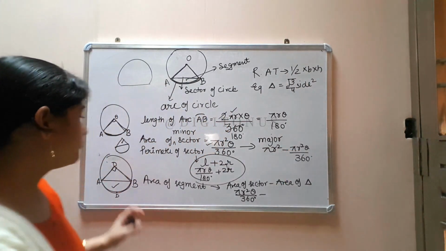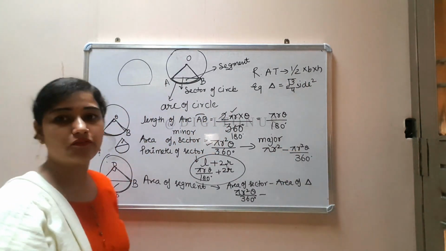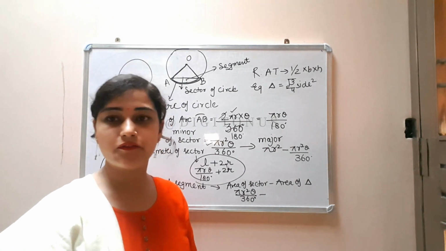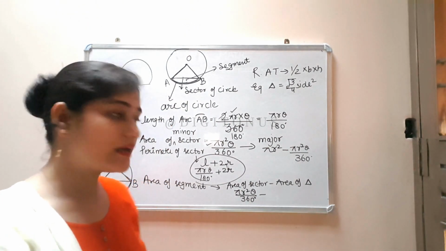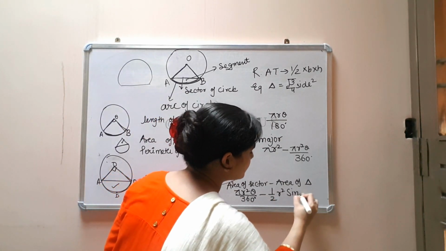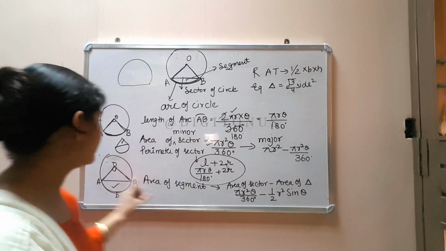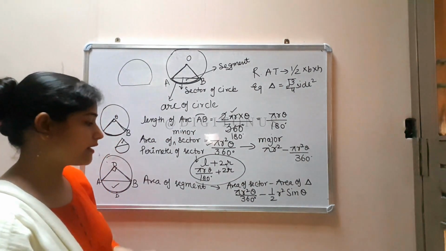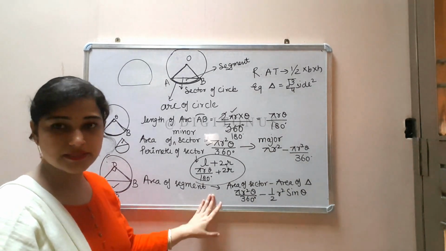If nothing is given about which type of triangle this is, then you will apply the formula 1 upon 2 r square sine theta, and the theta angle, meaning this angle, will be given in the question. So this is the area of segment, minor segment.